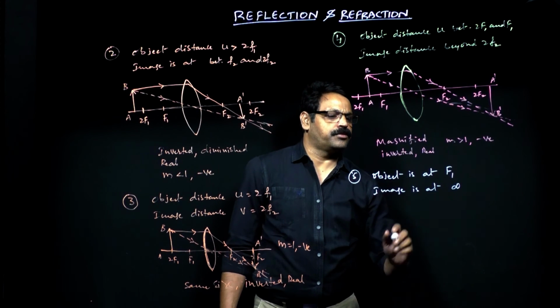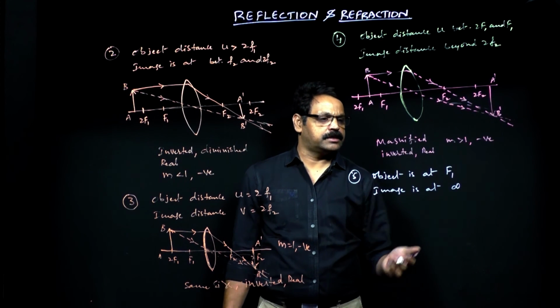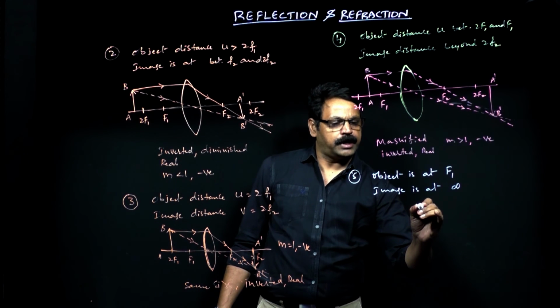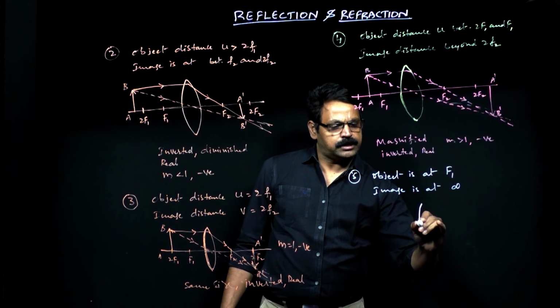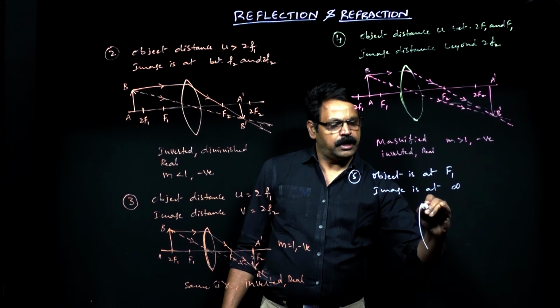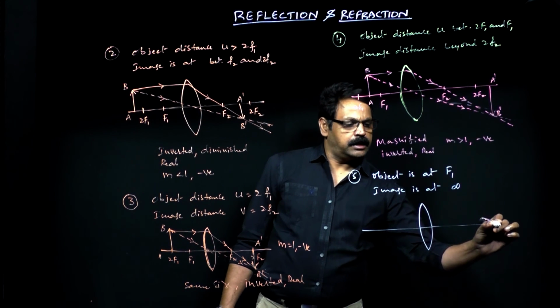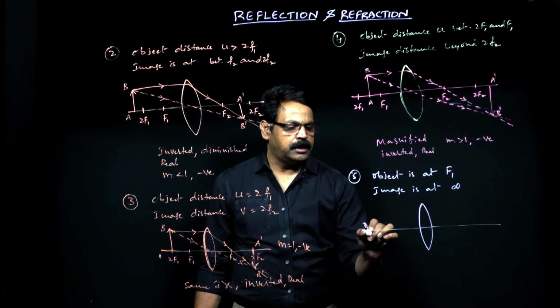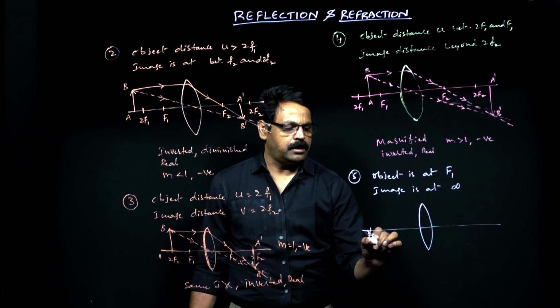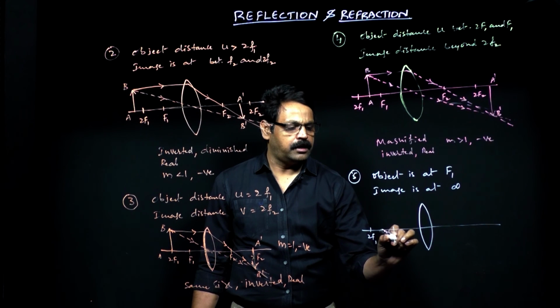Here the object is at focus 1, then the image will be at infinity on the other side. The lens is here, this is the principal axis, this is 2f1 and this is f1.